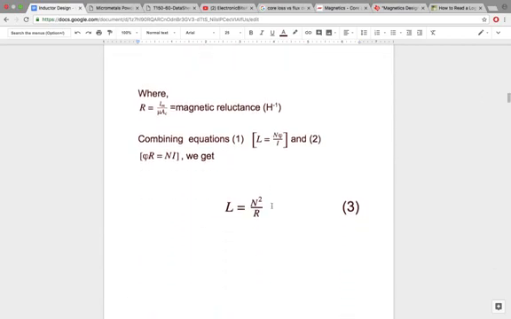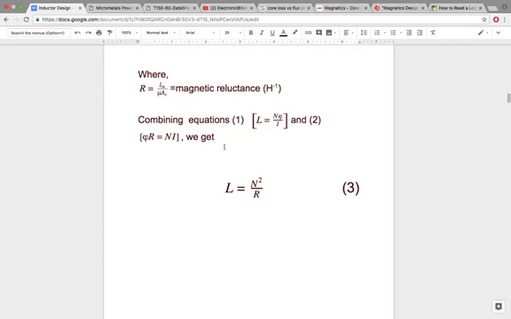Now if we combine the basic definition of inductance and Hopkinson's law, we can obtain the relationship between inductance and the reluctance of the core. If the number of turns in the coil is constant, then you can see the reluctance and inductance are inversely proportional.